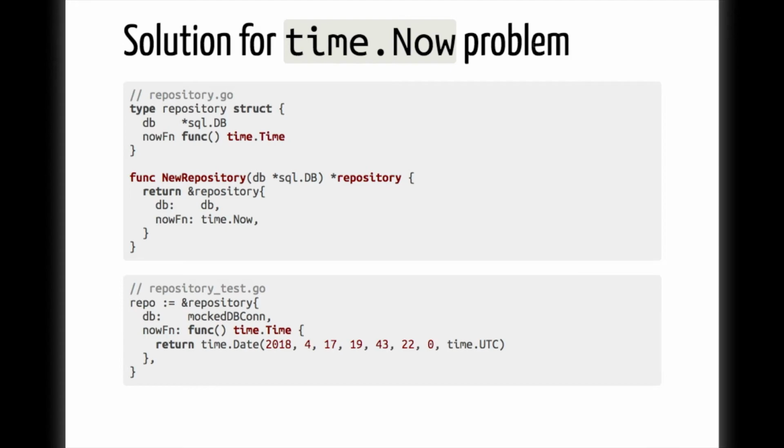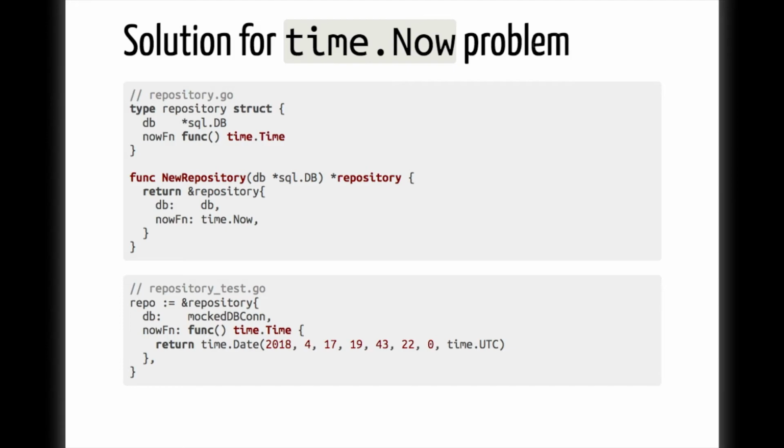So the solution is quite simple. It's just to use this function as a dependency. And thanks to the fact that in Go, functions are first-class citizens, which means not only can we return and pass them to a function, we can also assign them to a field in a struct. And here we are kind of forced to use this new repository because we have to assign time now to this now function for normal use.